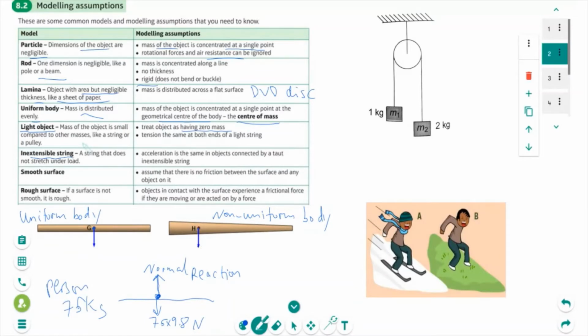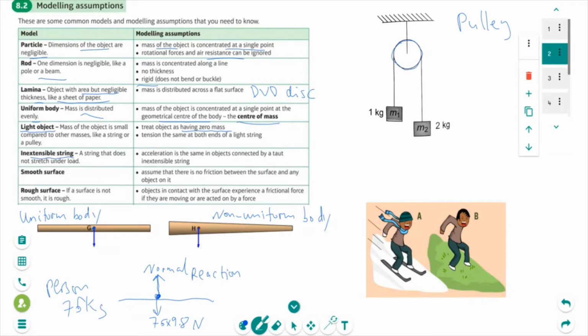On the right, this circle is called a pulley. You have a string passing through the pulley, and you've got two masses attached at the ends of the string. Normally, you would assume the string is inextensible, not stretchy.